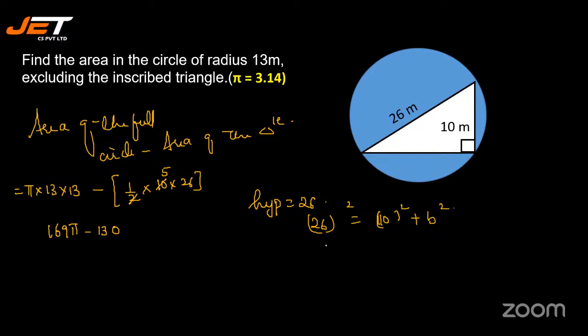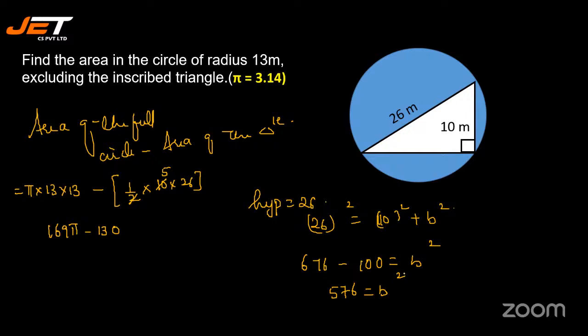So 26 into 26 is 676 minus 100 will be b square, which is 576 is b square.